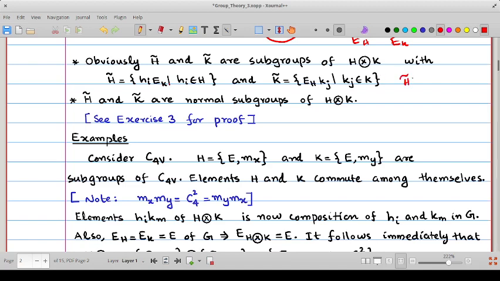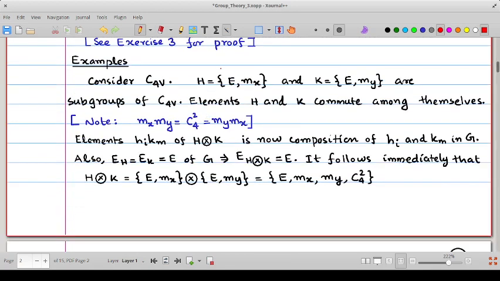So H tilde in that case will be simply the subgroup H. Similarly, we can define K tilde to be EH times KJ, and in the case where H and K are subgroups of the same group G, again K tilde becomes K. So if H, K are subgroups of some group G, then H and K are subgroups of H outer product K, and we can show that they both are normal subgroups of H outer product K. So here in this form also H tilde and K tilde are normal subgroups of H outer product K. The proof is given in exercise 3.